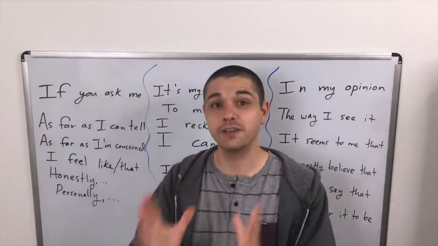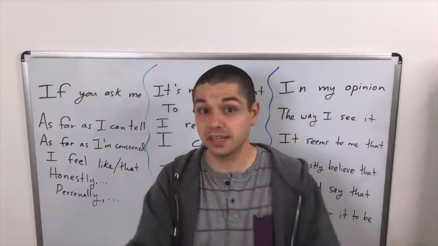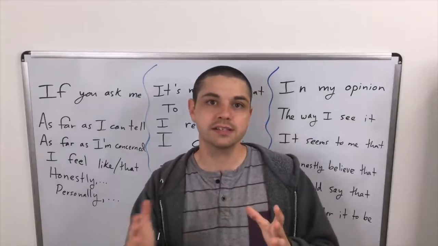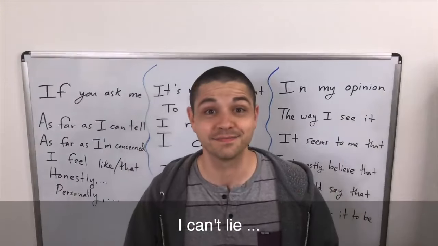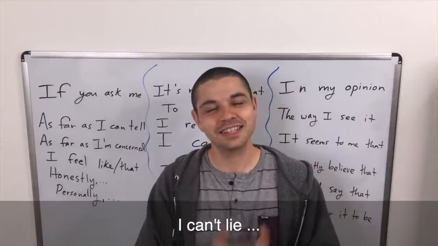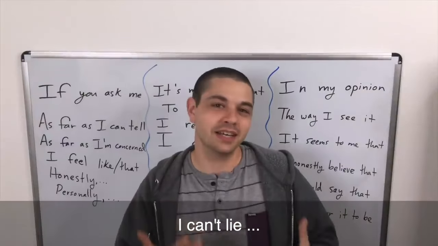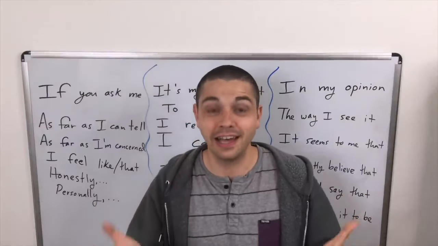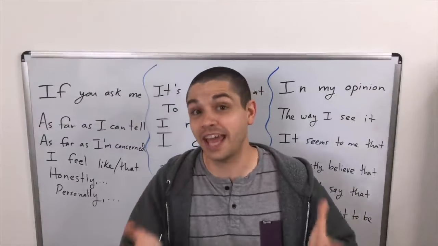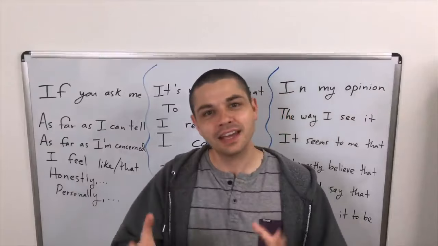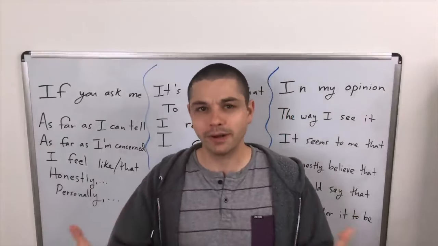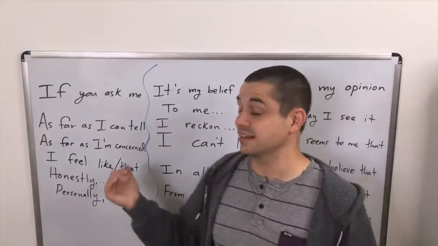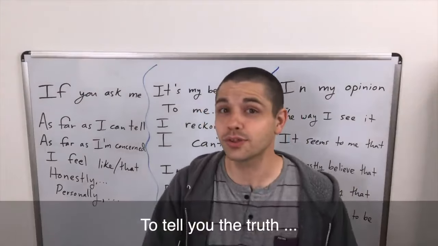Okay, another fun phrase that we can use to express our opinion is the phrase, "I can't lie." And this might sound funny to some people because, sure, everybody can lie, right? Any person in the world can lie. And a lot of times when we talk about our opinion, we say something like, "to tell you the truth," right?